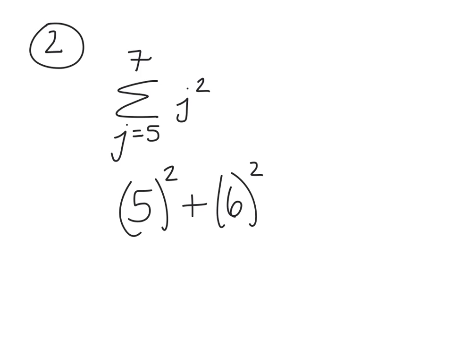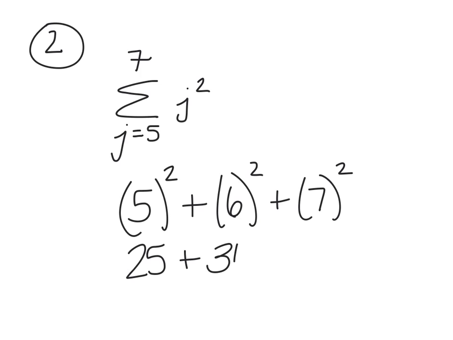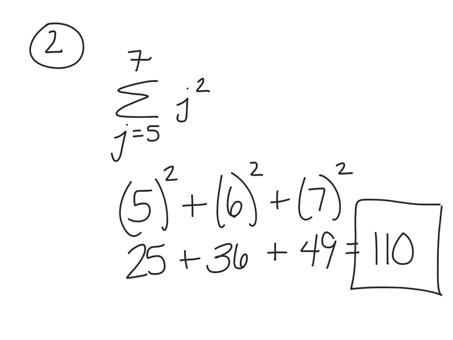So 6 squared plus 7 squared. And then we're just going to add those together. 25 plus 36 plus 49. And that leaves me with a sum of 110. So again, summation notation, or sigma, just means to add.